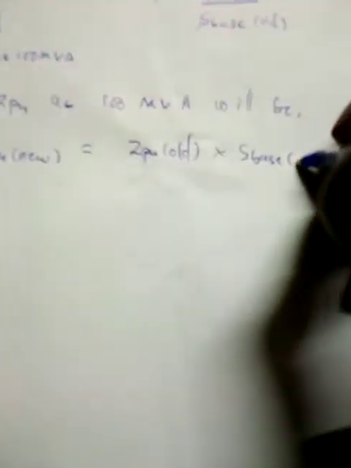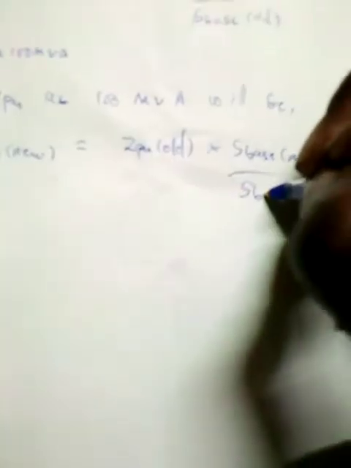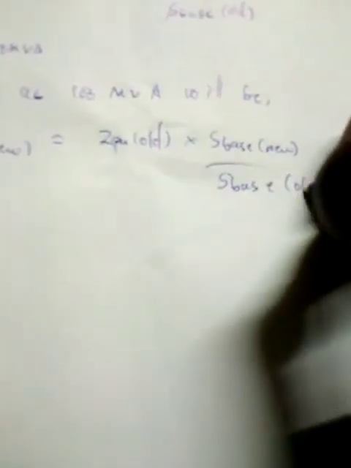So ZPU, per unit at 100 MVA, will be ZPU new, which is equal to ZPU old multiplied by S base new over S base old.